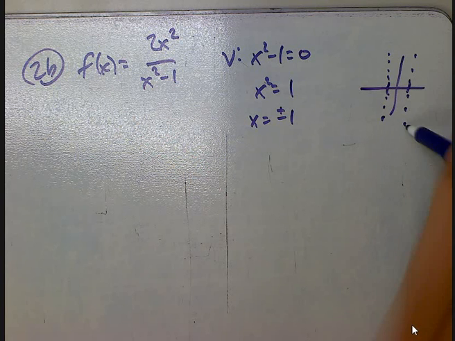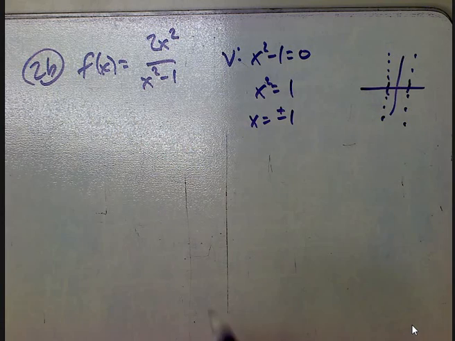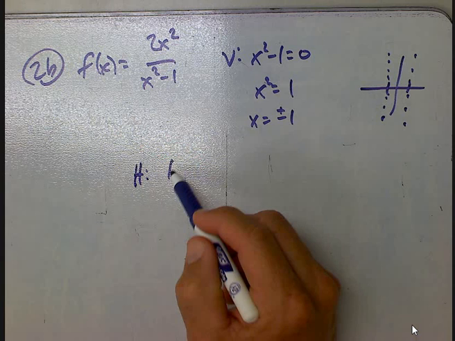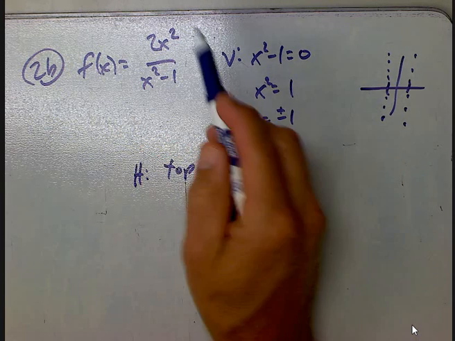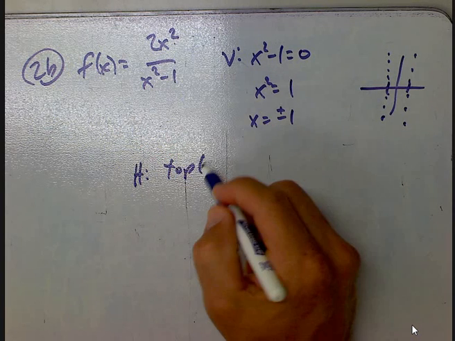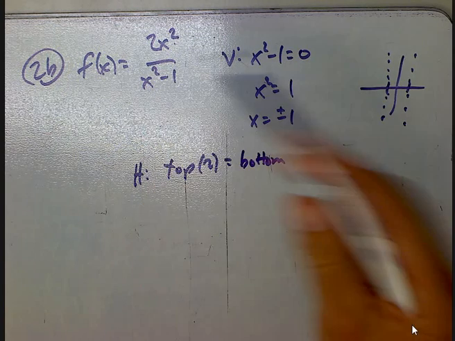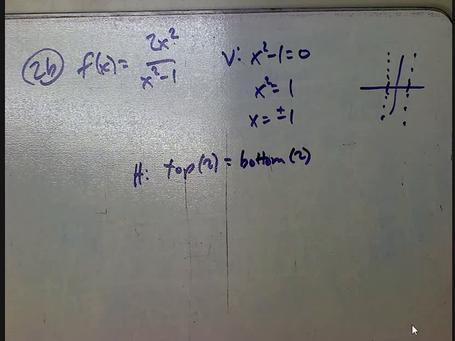That's possible. For horizontal, I notice that my top degree of 2 equals the bottom degree, which is also 2. And remember, degree is the largest exponent. And when the top degree equals the bottom degree, I take the coefficients.